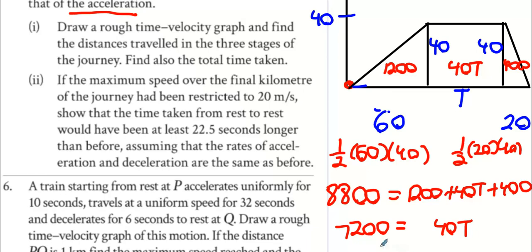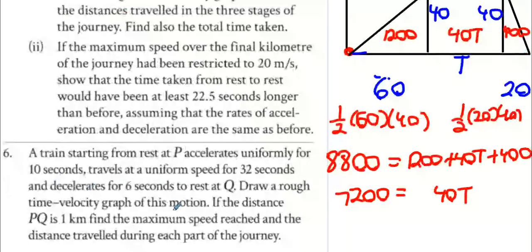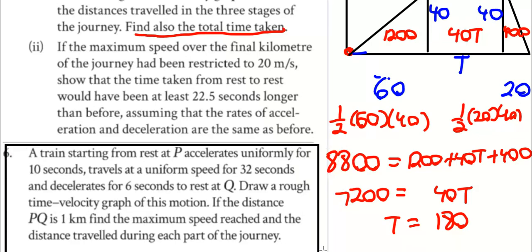Divided by 40, and what do we get? T equals 180. 180 seconds for the full time. Have I answered the question? I have, haven't I? And I'm hoping the video was something similar, if not clearer.